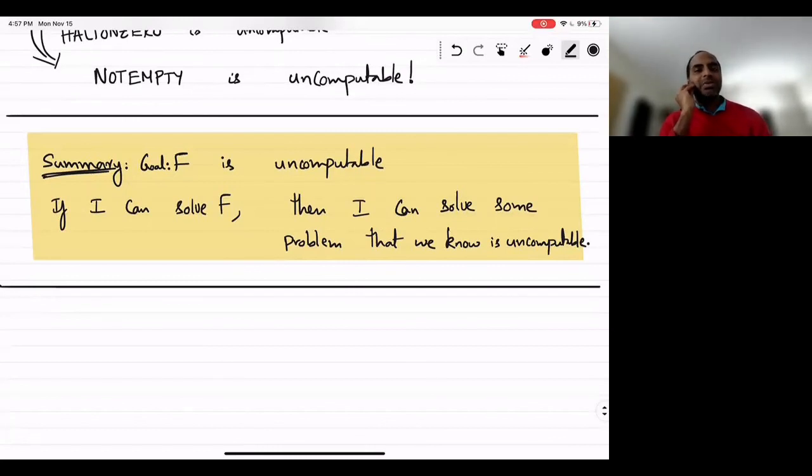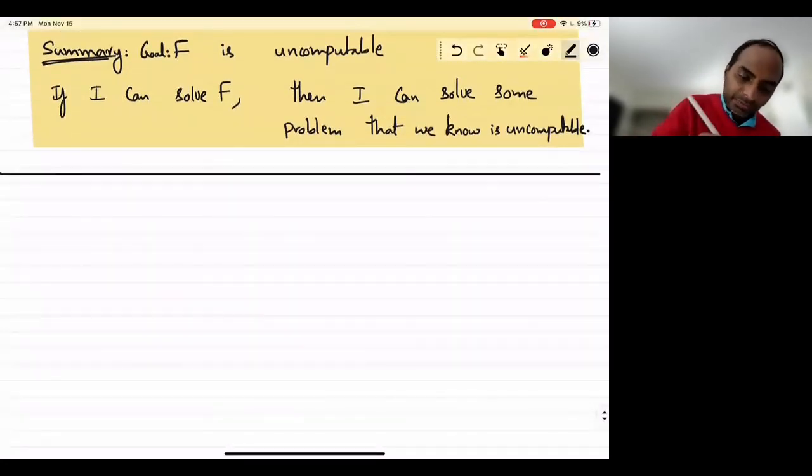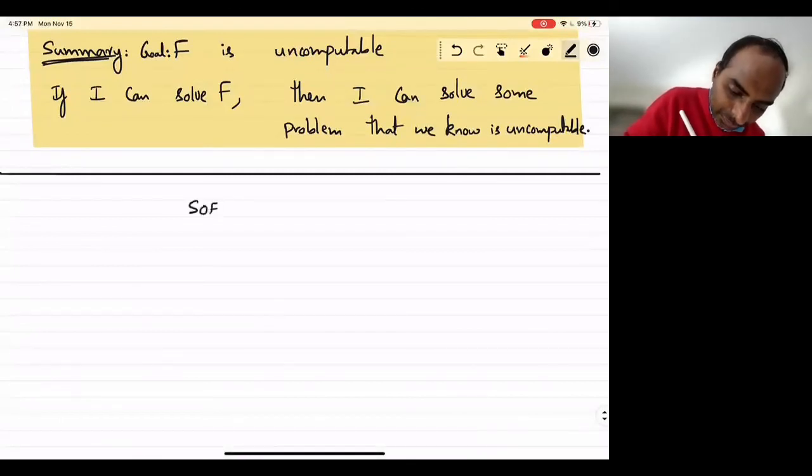Not empty: is there any input which makes my program output 1? All of these are talking about properties of programs. And the extreme version of this is software verification.